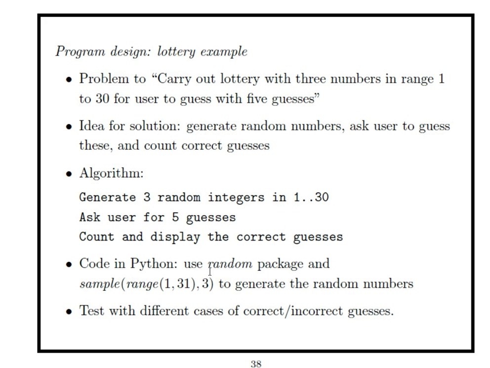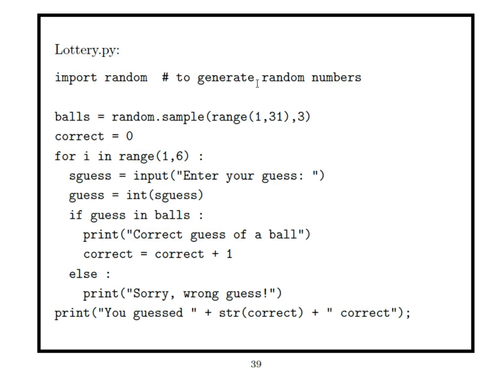Now in Python we need to use an existing package like we use the math package. We can use a package called random which generates random numbers for us. And we need a function called sample from this random package to do that. Okay, what does this amount to?